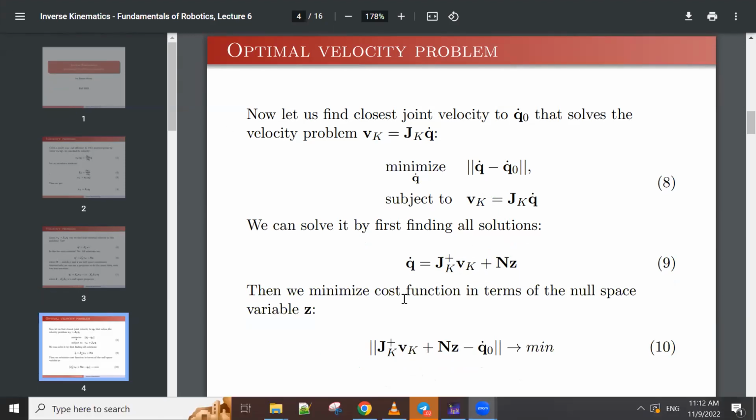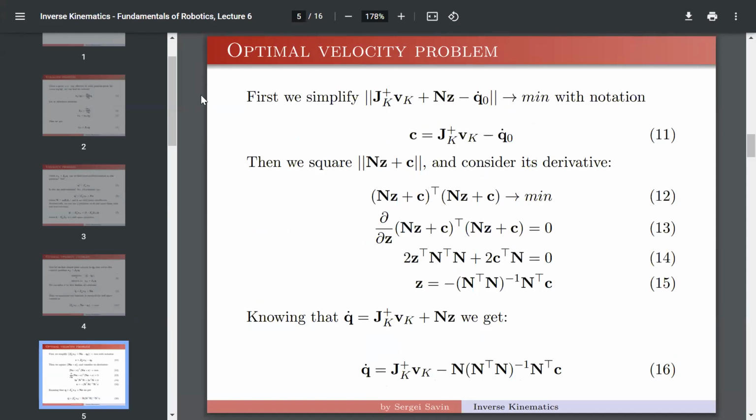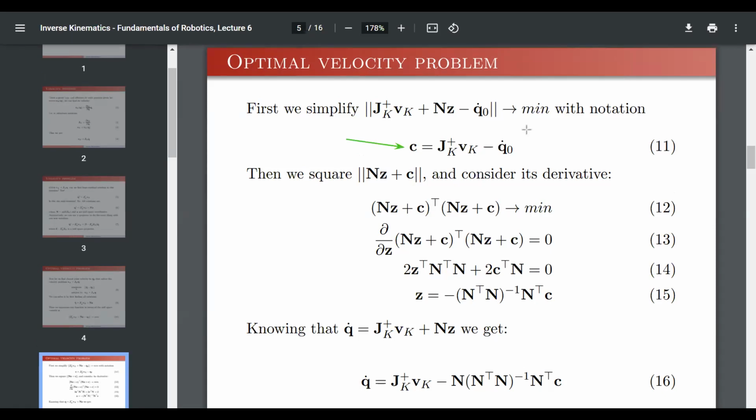Now, from there, we can try to solve it. It has an analytical solution. First, we introduce notation. I will call this part c. So what we get is now much simpler: Nz plus c.